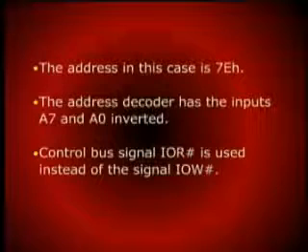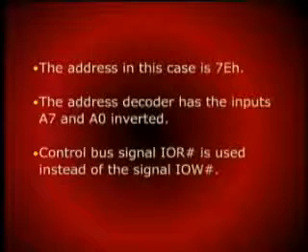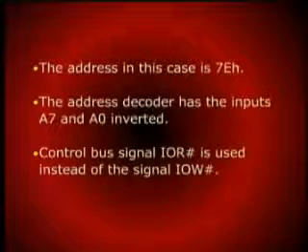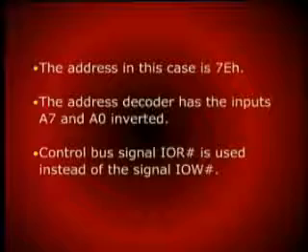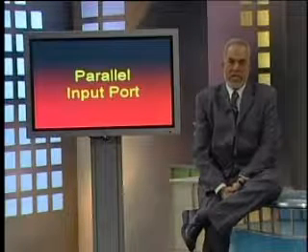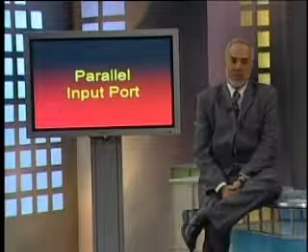Hence, the address decoder in this example would take its inputs from the address lines A0 up to A7. A0 and A7 would be inverted, and the others, that is A1 up to A6, would go in a normal fashion.